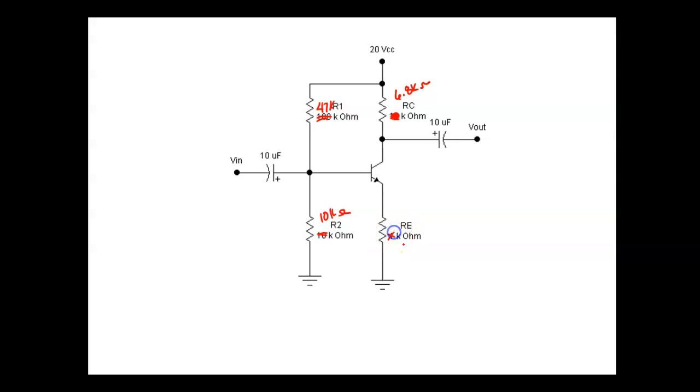And then RE, I'm sorry, 2.2K. And then we have a load out here, 10K. And what do they call it? RL? Yeah.